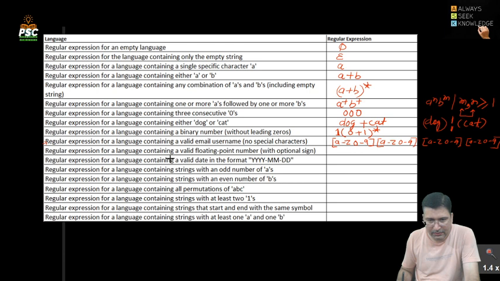Then a regular expression containing a valid floating point number without optional sign. Okay. So if it is a floating point number, it means something like 9 point something something something. If we are specifically focusing on the floating point number, how can we represent it? If we want to write this regular expression in, let's say, Linux or for Lexer and C language, we can say a number which can have a sign.